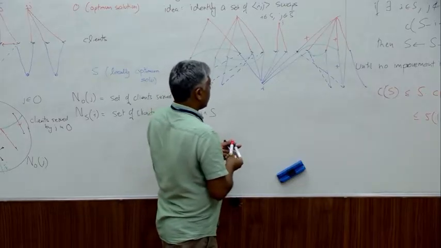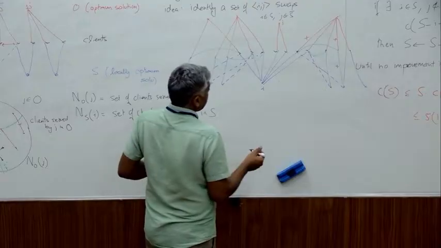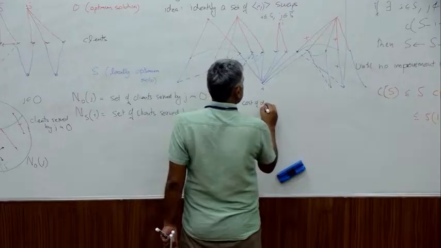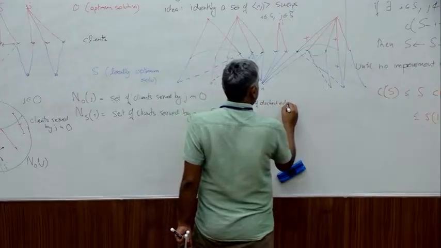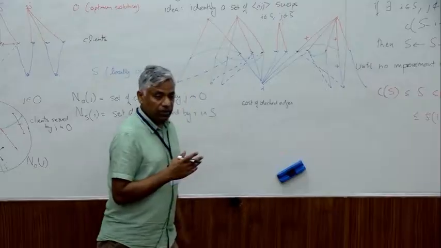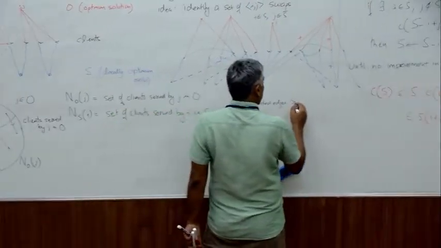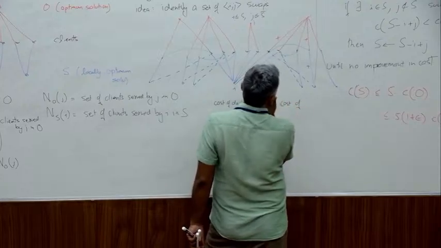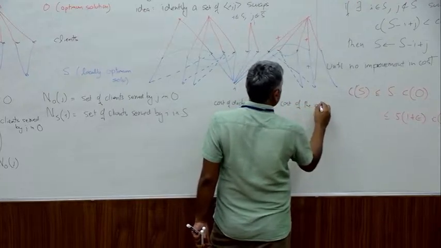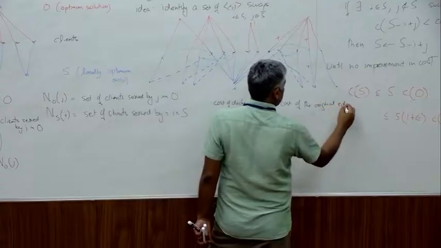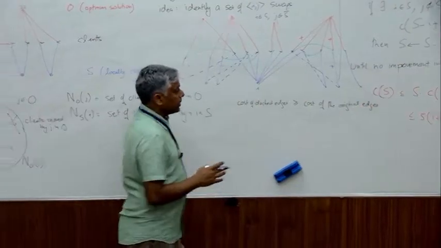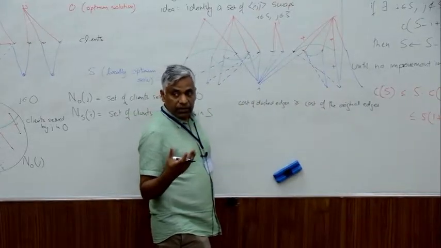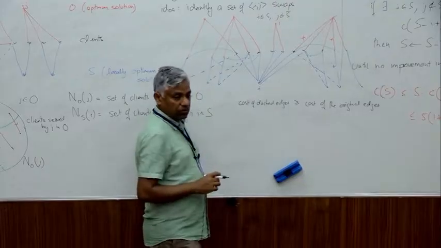So what do I want to write? I want to say that the cost of dashed edges, because this is what is going to give me the new cost, is greater than or equal to the cost of the original edges. Okay, this is very weirdly said, but right. So these are the new assignments that I'm doing, that the new assignment's cost is more than the original assignment cost.